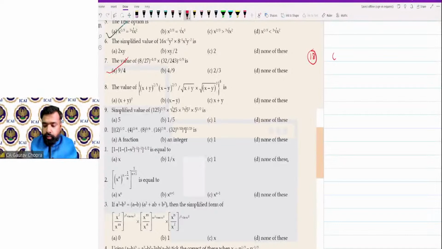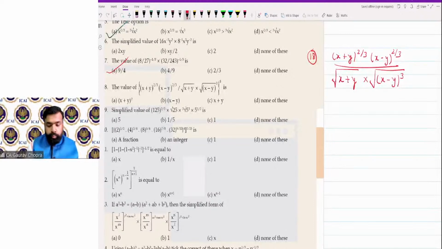x plus y whole to the power of 2 by 3, x minus y whole to the power of 2 by 3, divided by root of x plus y multiplied by root of x minus y cube, and then whole to the power of 6.